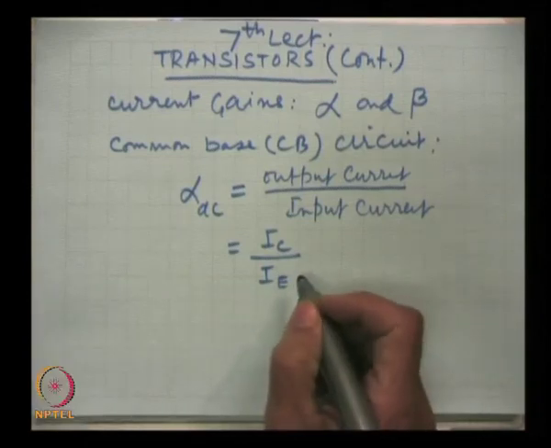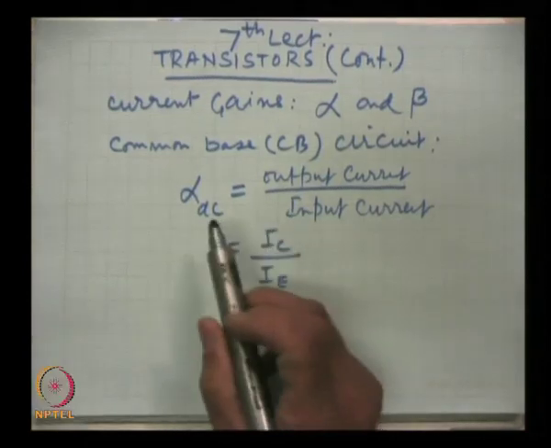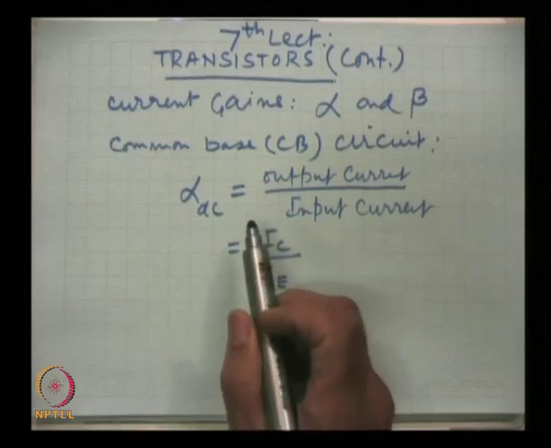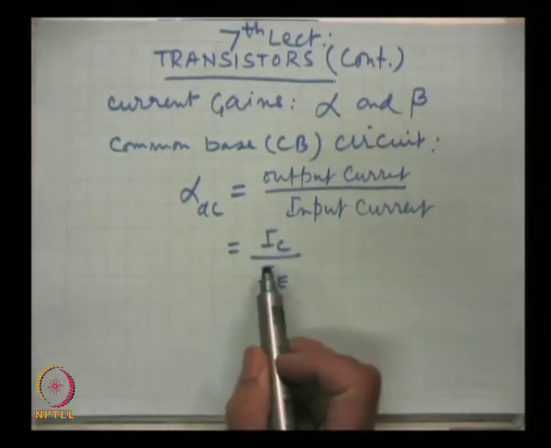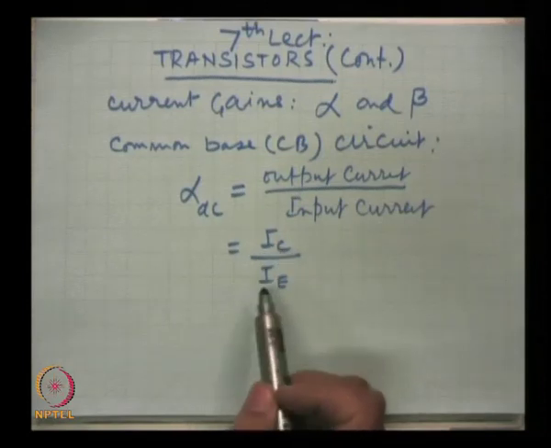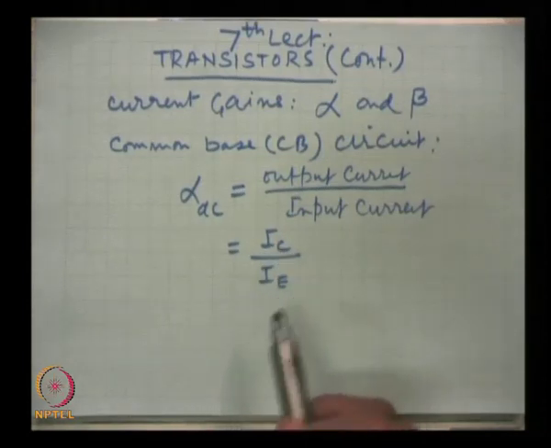So, always remember that the current gain alpha is for common base circuit and we define it as the ratio of collector current to emitter current.